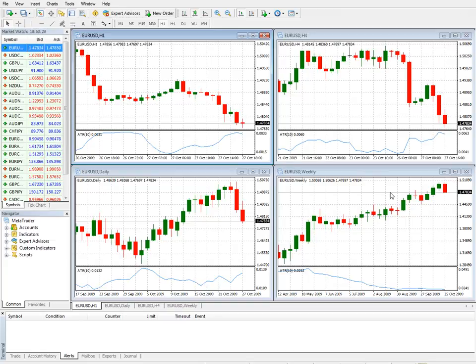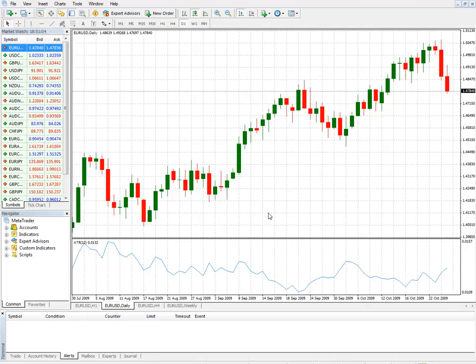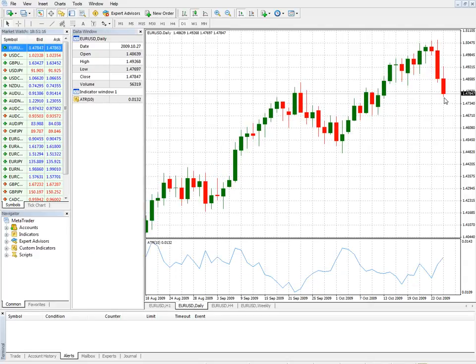And go back here. Now let's say that the trading system that we've chosen does use daily charts, and we want to trade using the daily charts. But we see the sizes of some of those moves as we move along here. There's a few ways that we can control our risk. It depends on what the system is and what it dictates as far as the price movement is concerned.